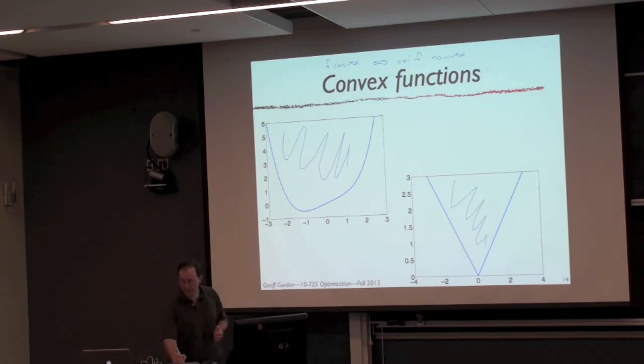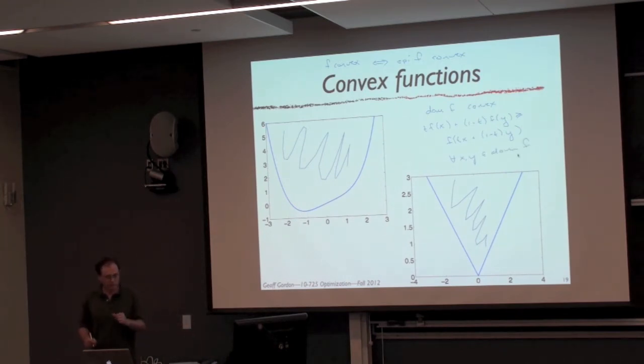And that's equivalent to saying that the domain of f is convex, and we have something that looks like the set convexity condition: t times f of x plus 1 minus t times f of y is greater than or equal to f of tx plus 1 minus ty. And that has to be true for all x and y in the domain of f.